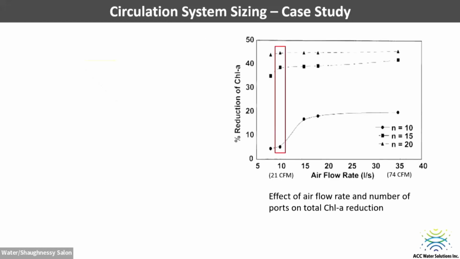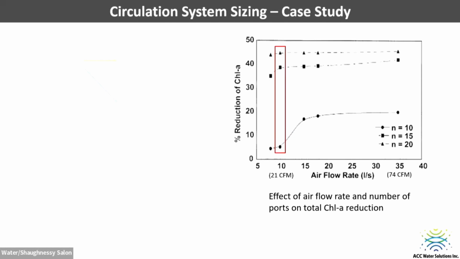Another graph. If you look at the reduction of chlorophyll A in percentage against airflow, let's take 21 CFM, which is about 10 liters per second. In this one, the airflow is the same and just the number of diffusers is now 10, 15, and 20, not 5, 10, and 20.